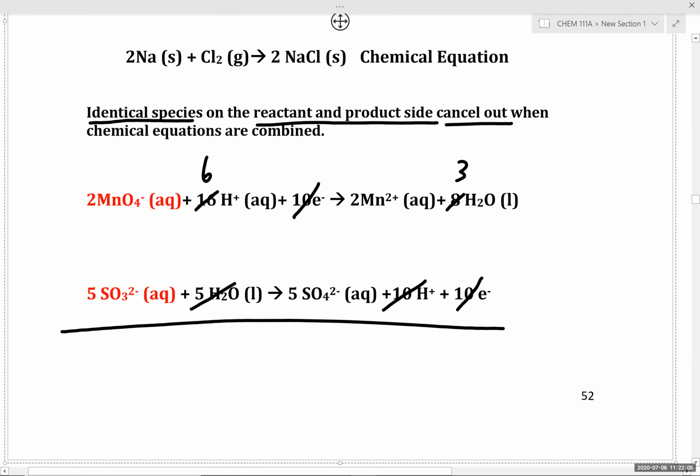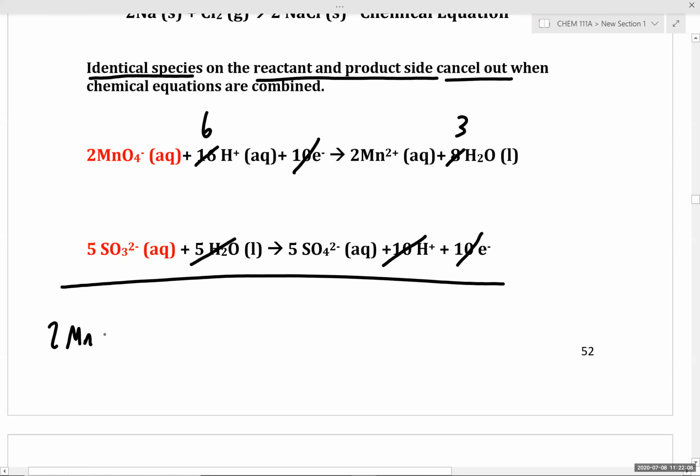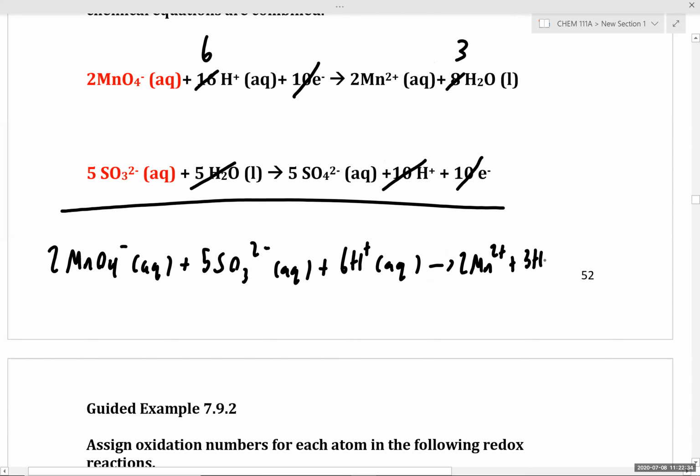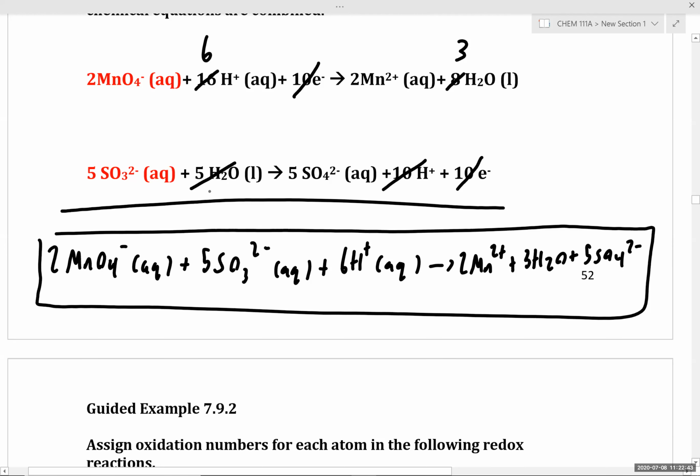And that in turn gives us the following balanced chemical equation, where we've just canceled out common numbers of shared ions on each side of our equation, just like we did when we were writing net ionic equations. So this would be our final equation if we've canceled out all of the common species on each side.